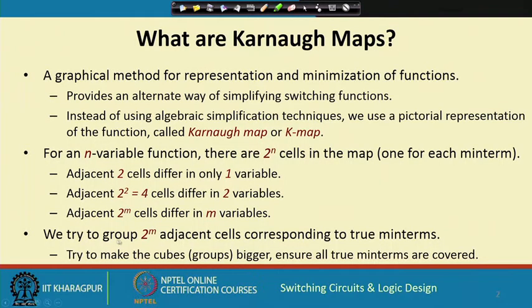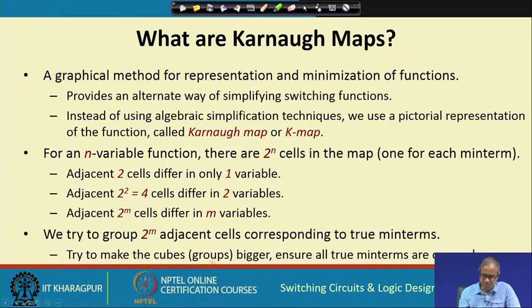So, we try to group some adjacent cells which are some power of 2 corresponding to the true minterms, and we always try to make the size of these cubes bigger, because bigger the number of cells in a group, more the minimization that we have been able to achieve. So, our target will be to make these cubes or these groups as large as possible. Okay? This is our basic objective.